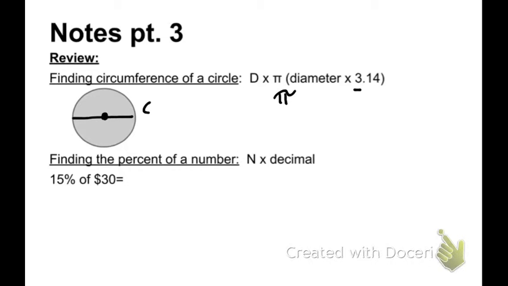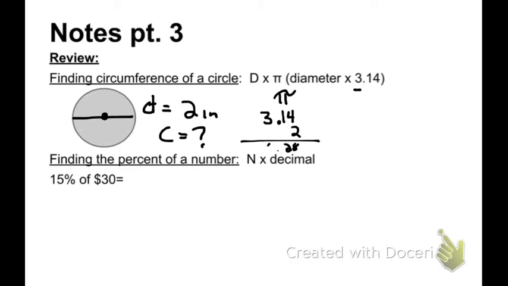And how does this work? Well, let's say my diameter here equals 2 inches. I want to know what my circumference is. Well, how do I solve that? I take 3.14 and I multiply by 2. I get 8, I get 2, and I get 6.